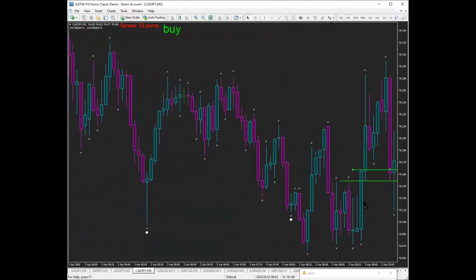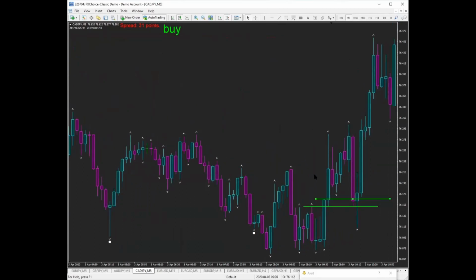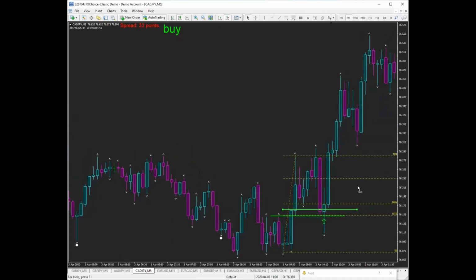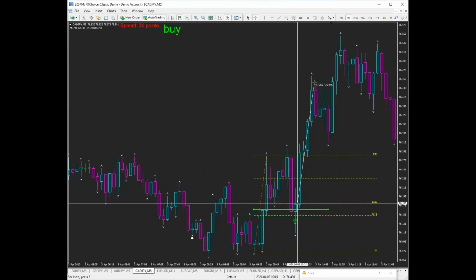When 5 minute closed above it, just like 4 hours and 1 hour, now I'm looking for buy setups. So I draw my Fibonacci, and I look for a retracement into a 62% retracement level, a minimum of 50, but a 62 is preferable. And this was my long entry, somewhere here. And you ride this thing up.